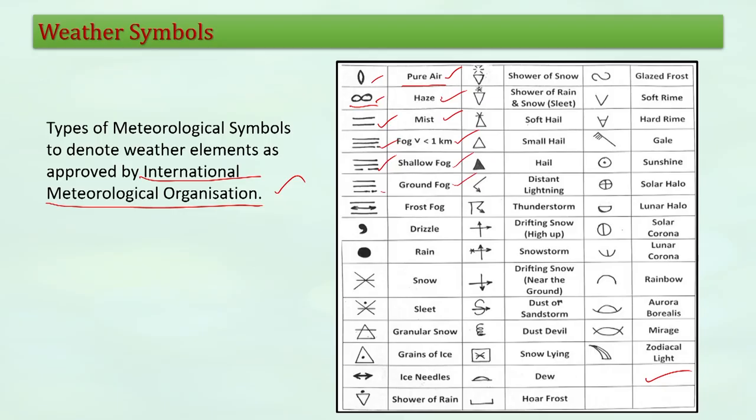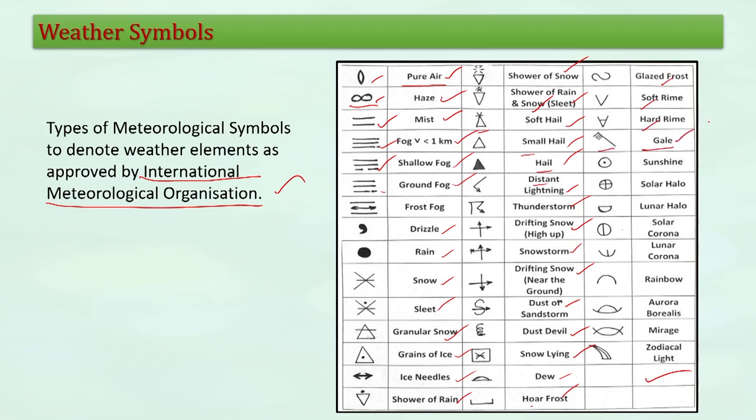Let me read out some: fast fog, drizzle, rain, snow, sleet, granular snow, grains of ice, ice needles, shower of rain, shower of snow, shower of rain and snow, soft hail, small hail, hail, distant lightning, thunderstorm, drifting of snow, snowstorm, dust, dust devil, snow laying, dew and hoarfrost, glazed frost, soft rime, hard rime, gale.